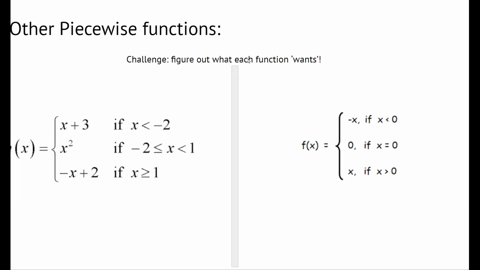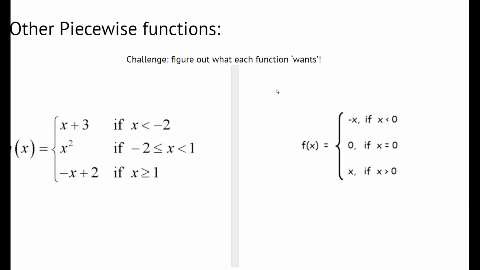when x is any value less than -2, it could be like negative 100, the h of x would be x plus 3. And then when -2 is less than or equal to x which is less than 1, then h of x will be x squared.